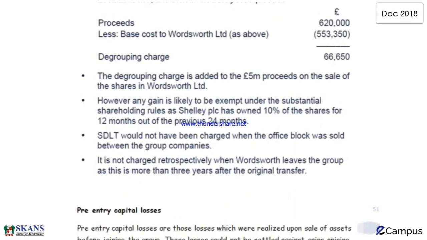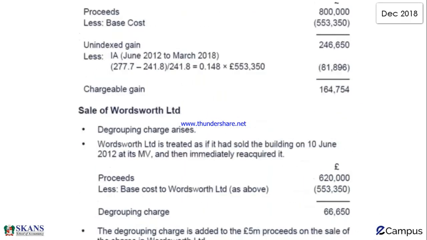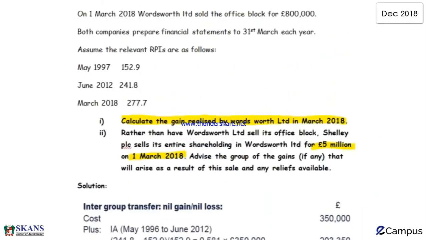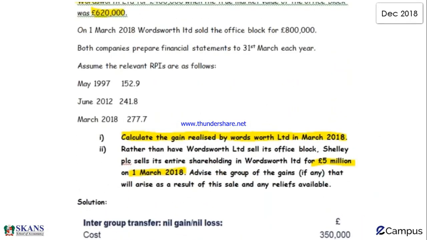What we are required to do is, firstly, we should check whether a degrouping charge would apply or not, as Wordsworth Limited is getting degrouped after receiving a no gain, no loss asset.